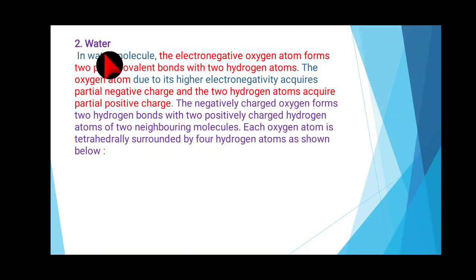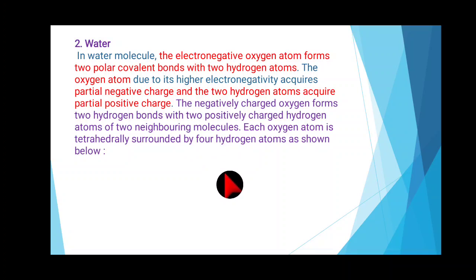Another very good example is water. Water comes under intermolecular hydrogen bonding. In the water formula H2O, the electronegative oxygen atom forms two polar covalent bonds with the two hydrogen atoms. The oxygen atom has a partial negative charge and the two hydrogen atoms acquire a partial positive charge.